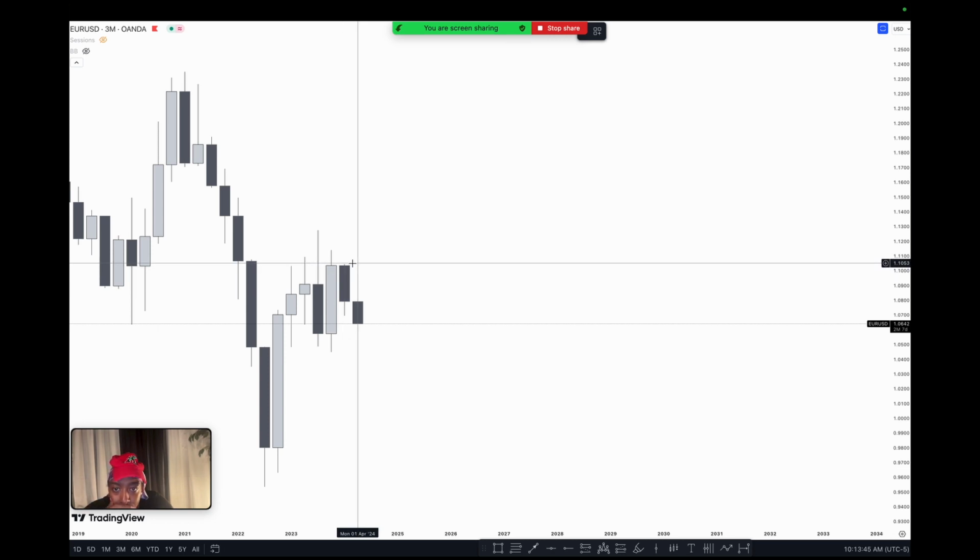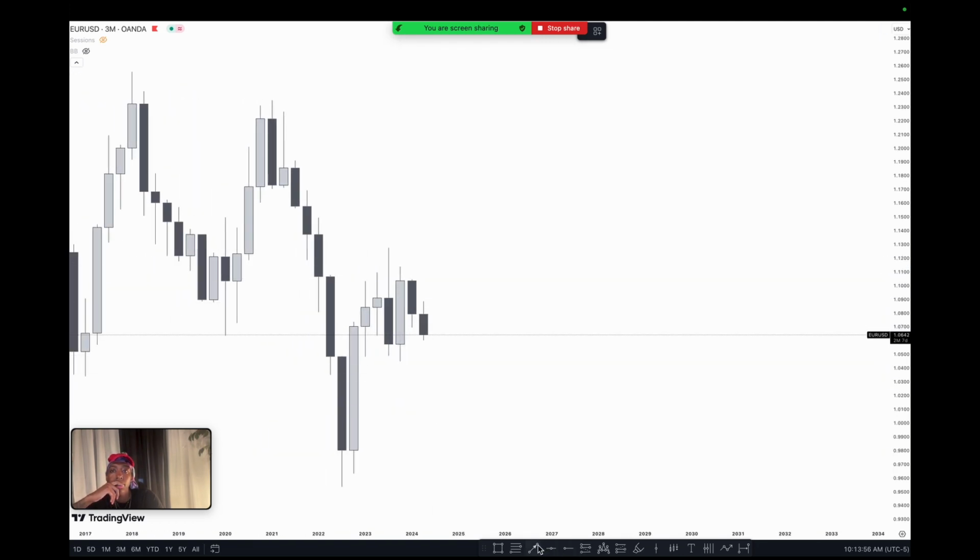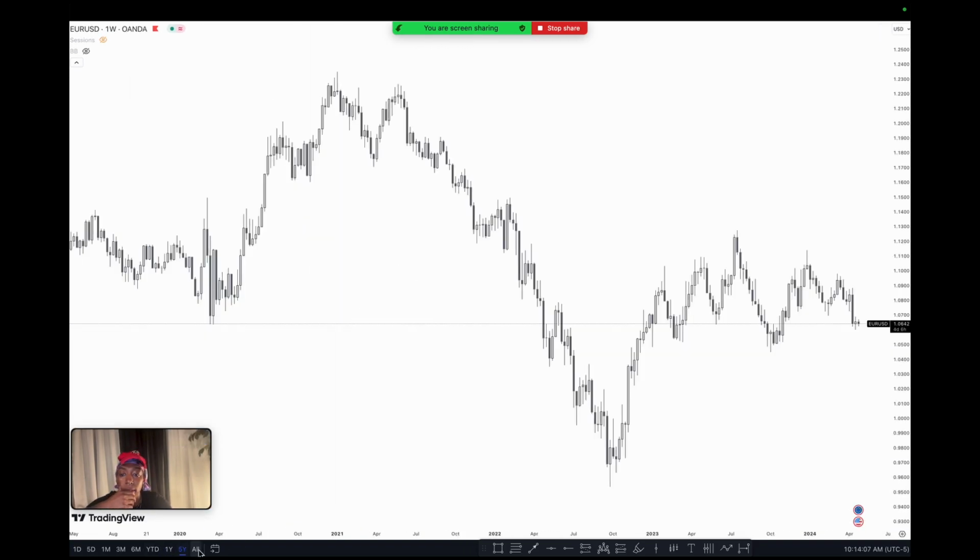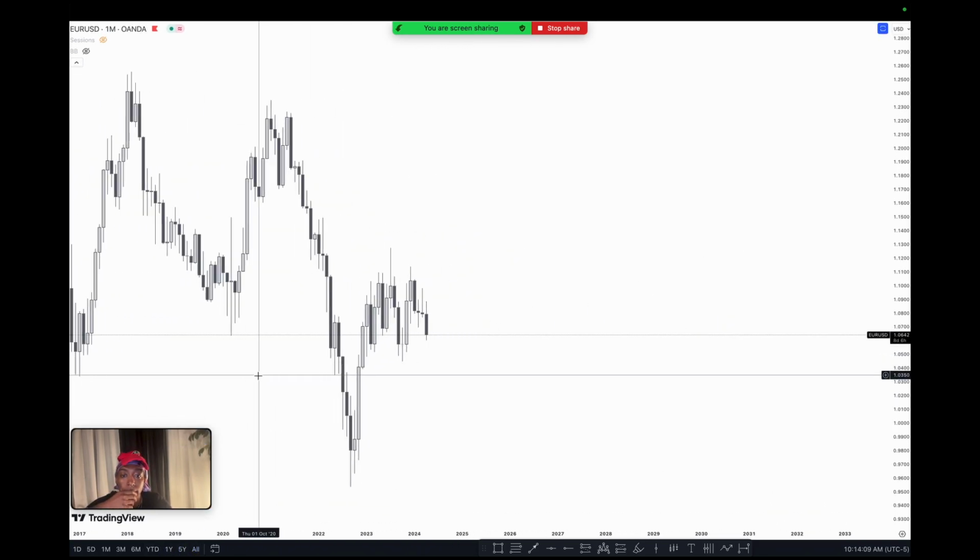This candle right here barely has a wick, like barely. So I wonder if we're sweeping the lows of this and heading up, or we're gonna break through this and fill in some of this point of interest down here. I don't really want to mark anything up on those higher time frames. Like that's the 3 month. Let's go to the monthly at least.